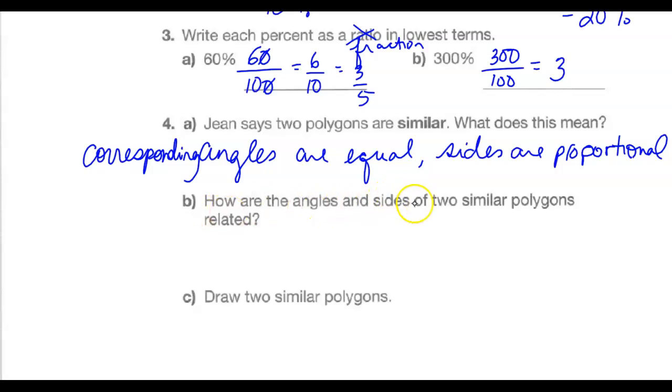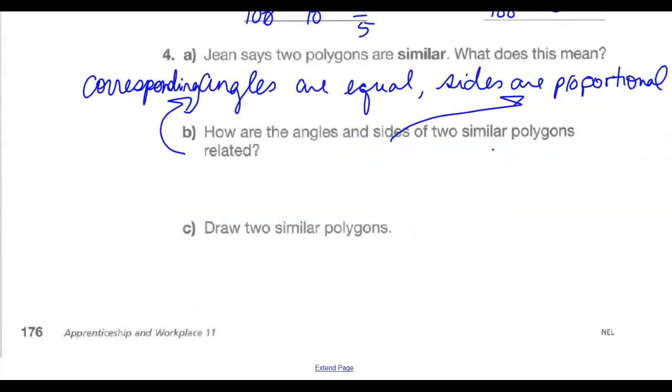So how are the angles and the sides of 2 similar polygons related? Well, I've just said it. Corresponding angles are equal, and sides are proportional. So draw 2 similar polygons. I'm going to freehand it. Let me do a parallelogram. Okay, so let's say this is 40 degrees. So this would be 140. This would be 40.